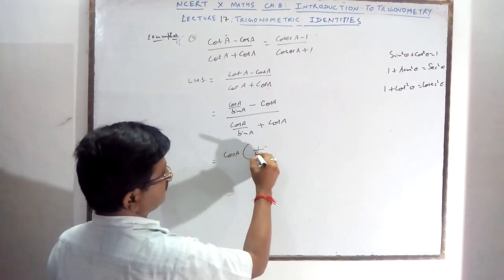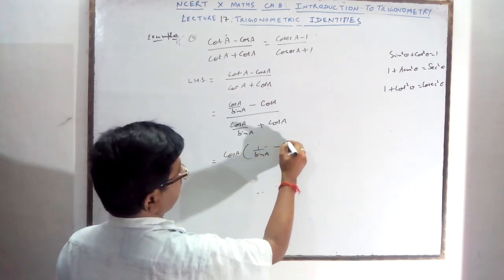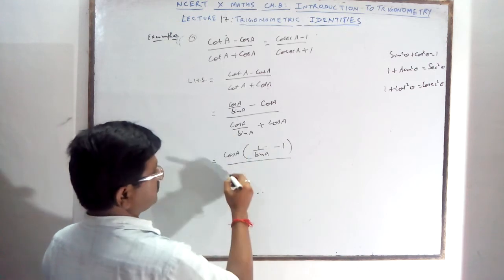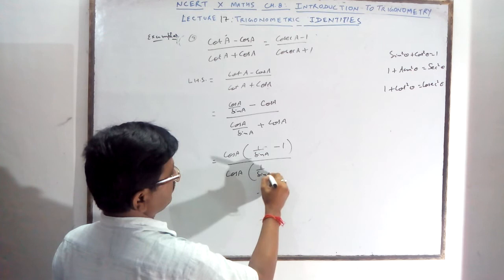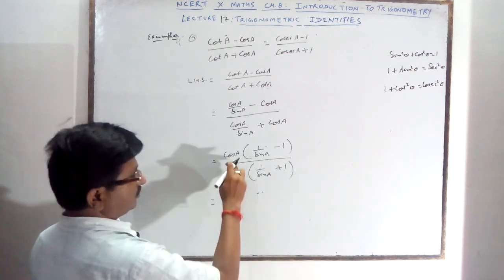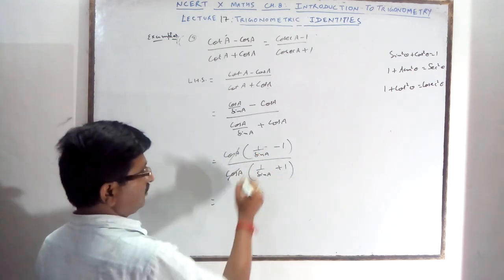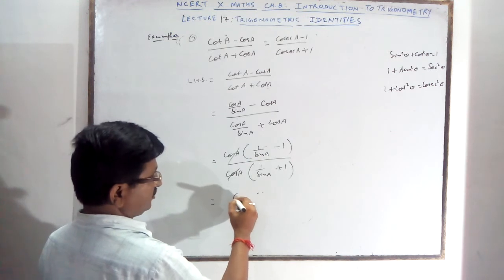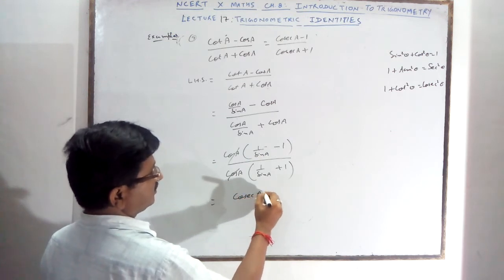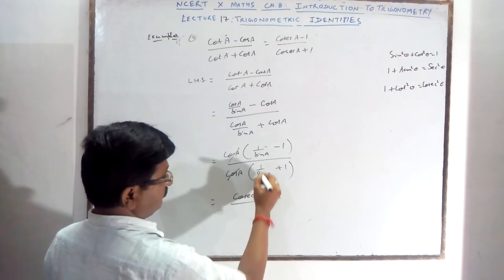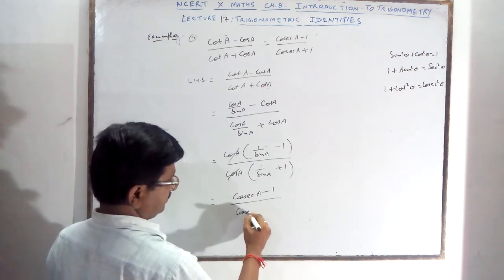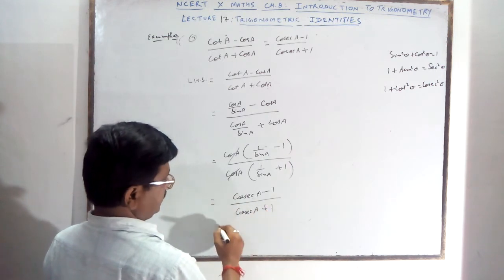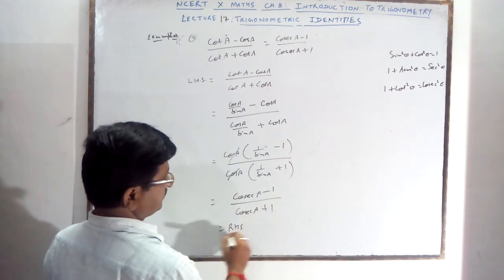What is left? 1 upon sin A minus 1. Cos A is common in the denominator. What is left? So cos and cos will be cancelled. 1 upon sin A is called cosec A, so cosec A minus 1, and 1 upon sin A plus 1 is cosec A plus 1, and it is your RHS.